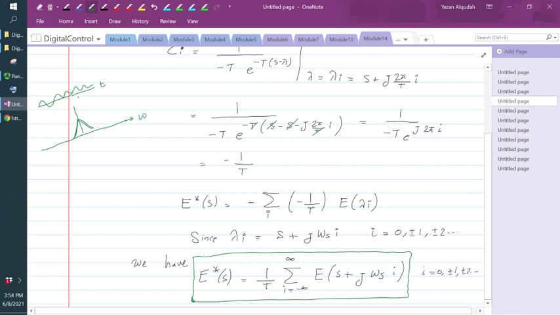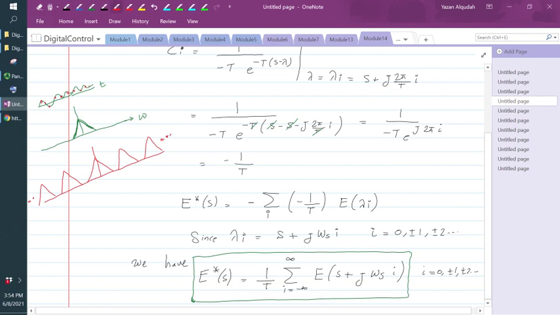If I sample this band limited signal, what is the spectrum of the sampled signal going to look like? If you remember, the spectrum is going to look something like this. This is going to start repeating from negative infinity to infinity. Hopefully you still remember this.